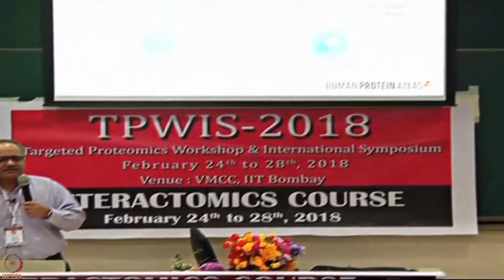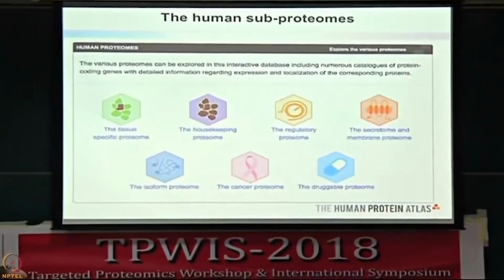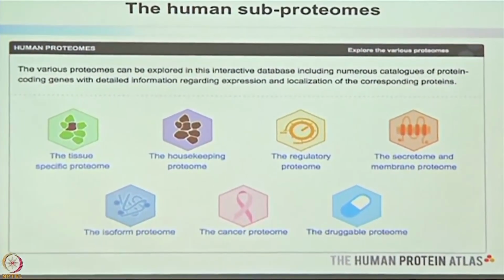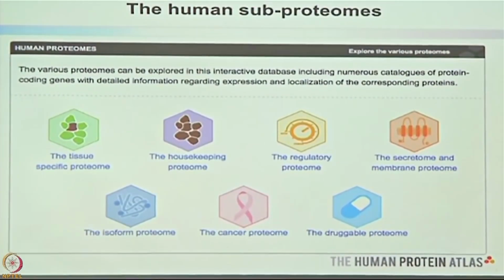We basically classified the normal tissues into 7 different types of proteomes. And this is also available on the website. Everything that I say is available on the website, and in far greater detail. So there was the tissue specific proteome, that is specific proteins in specific tissues.